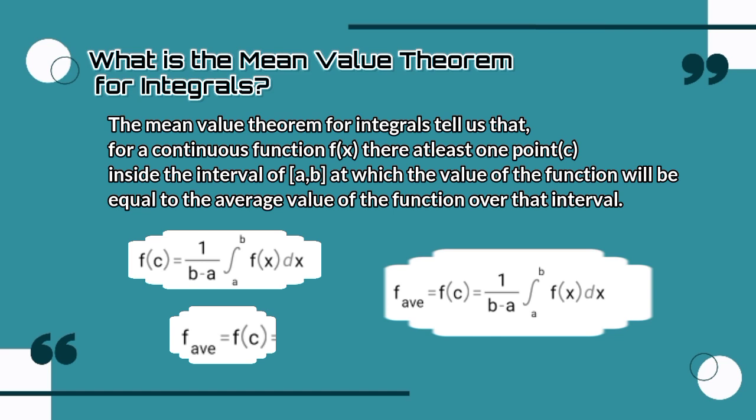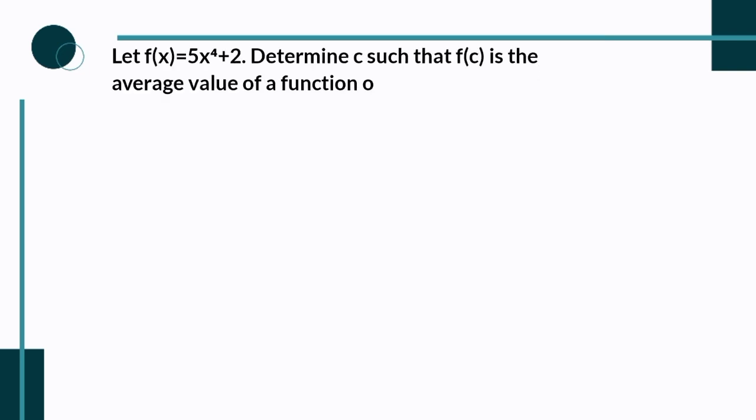Okay, I have an example here so you can understand it more. This is the first example. Let f of x equal 5x to the 4th plus 2. Determine c such that f of c is the average value of the function on negative 1 to 2.